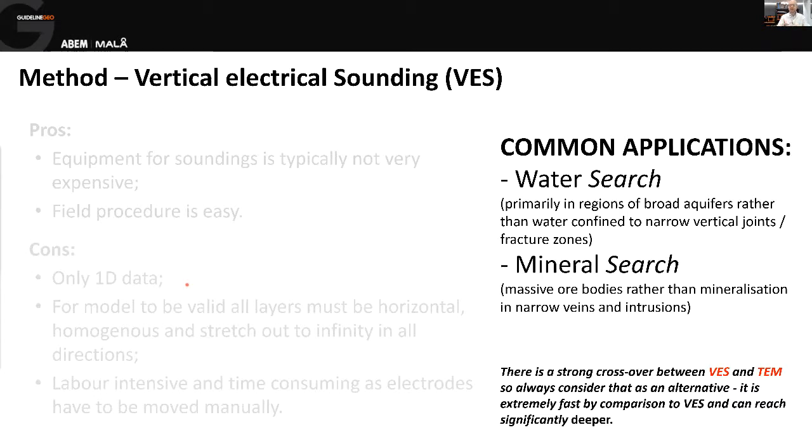So it's very good if you have bare rock at the surface. It can also deal relatively well with conductive top layers, because with TEM it's a bit easier for us to put more power into the transmitted signal to try and break through that conductive top surface.